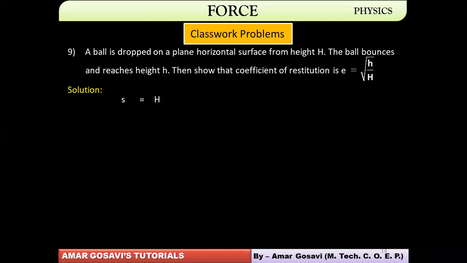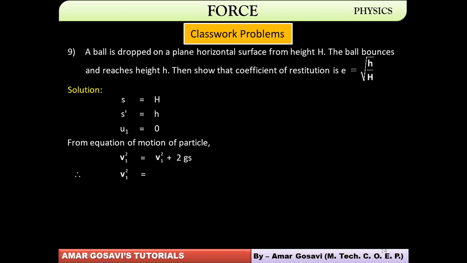So here S is capital H because it is falling through that displacement, and S dash is small h. U1 is 0 because it has started moving from some height H. Equation of motion of particle: V1 square is equal to, here unfortunately it is mentioned V1, it should be U1, U1 square plus 2gS, which gives you V1 square equal to 0 square plus... what will it become?